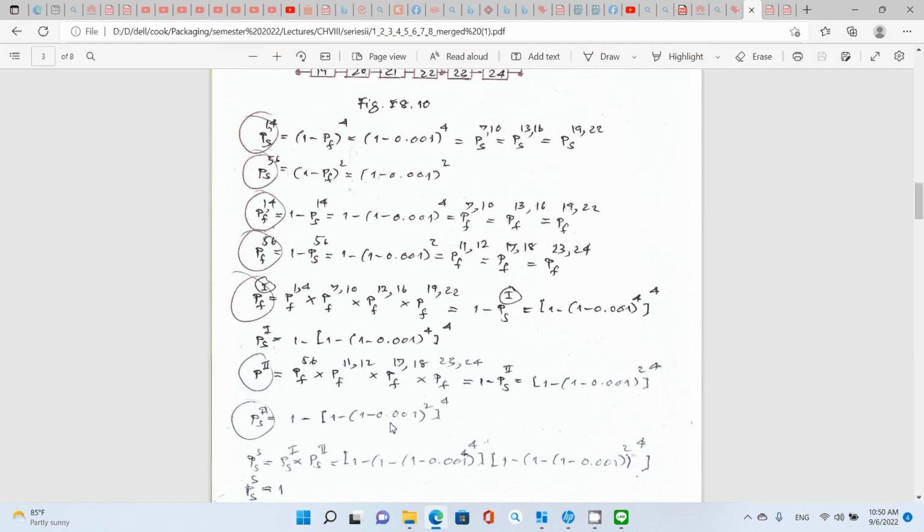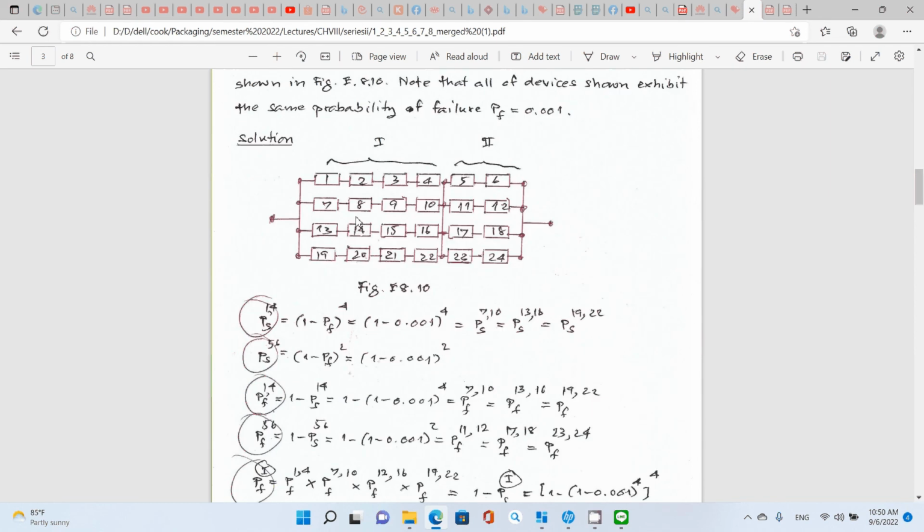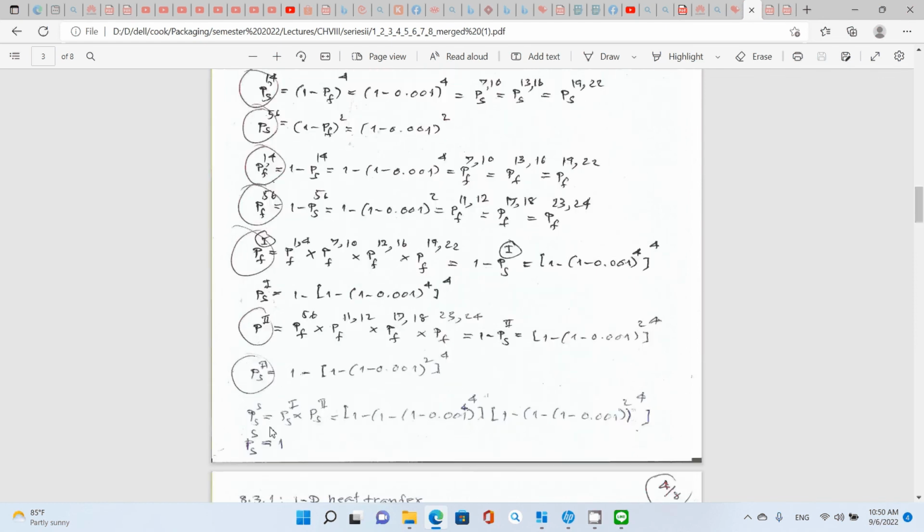Now systems 1 and 2 are in series, so the survival probability of the system is simply PS1 times PS2. You multiply this term by this term and get the survival probability of the system close to 1.